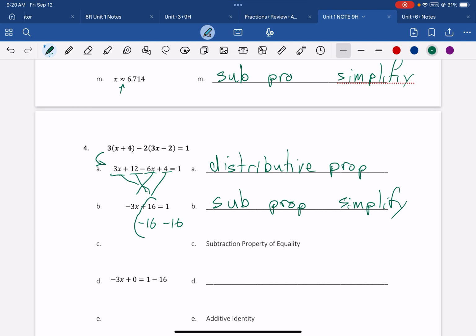It looks like this became a 0. Meanwhile, they did write out the 1 minus 16 and the negative 3. So since that became 0, that property is the additive inverse.